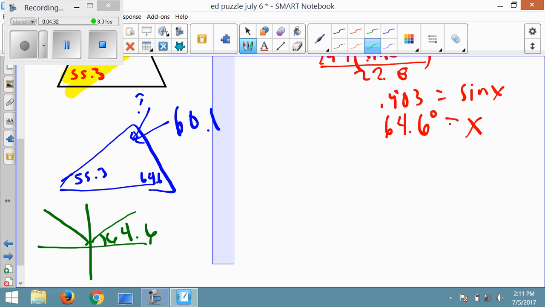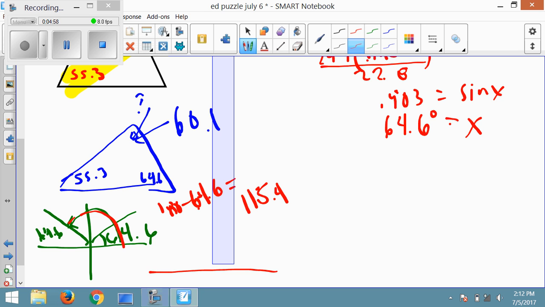So there's a chance that we actually have an obtuse angle that has a reference angle of 64.6. That angle would be 180 minus 64.6. That angle would be 115.4.